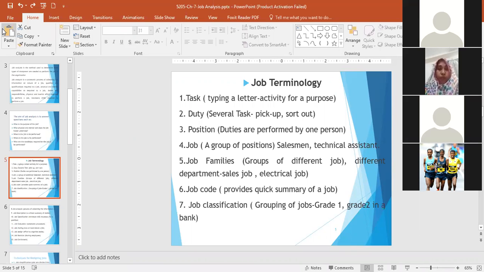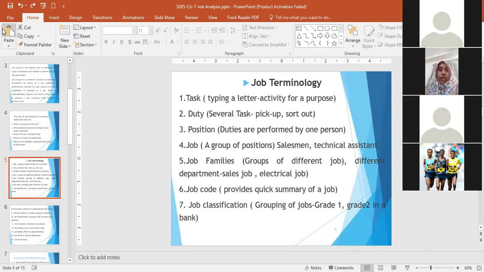Number 4, job: a group of positions. Here we include more than one person. And job families are groups of different jobs. Job code is used by an institution so that it can provide a quick summary of a job.